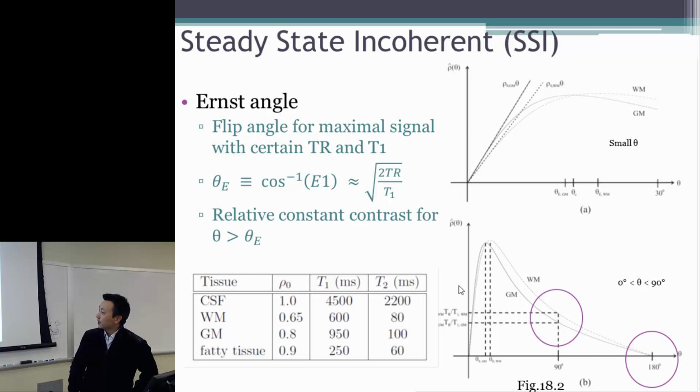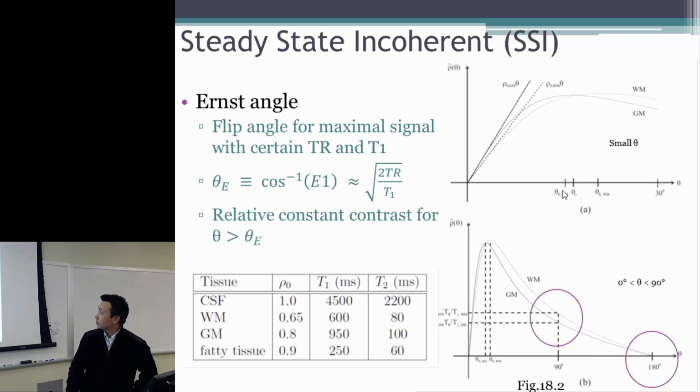Here are some typical T1 and T2 values of the brain tissues. And here is the signal intensity as a function of the flip angle. We can see that gray matter and white matter have slightly different Ernst angles because they have different T1 here, right? And this one is just a zoomed version of this plot.